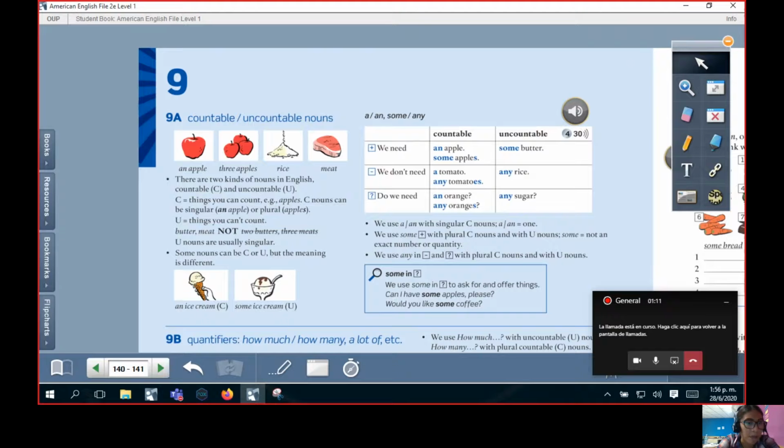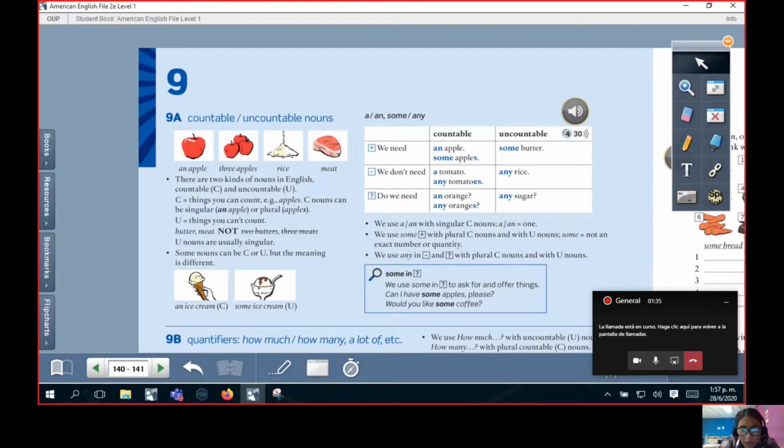You already know this. The things that you can count, like apples, bananas, and so on, and the uncountable nouns that you can't count at all. And some nouns can be either, but the meaning is totally different.